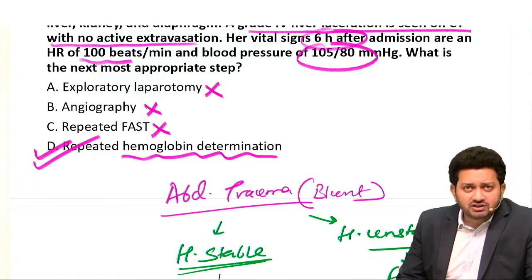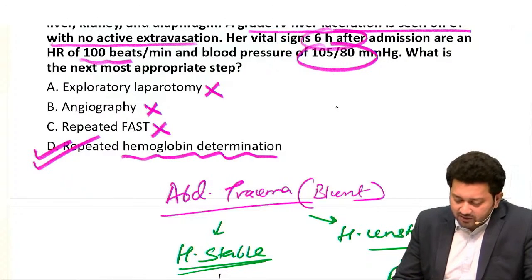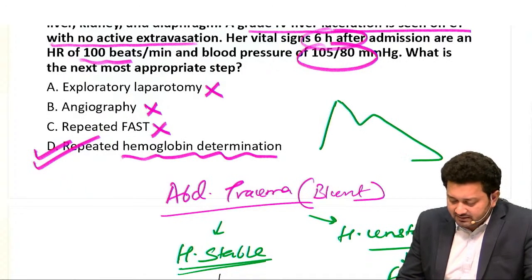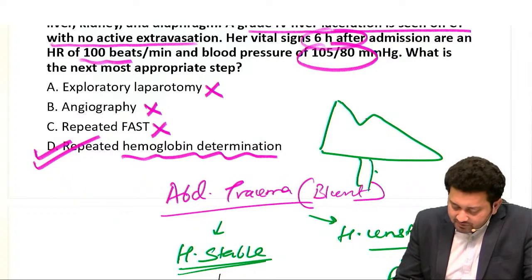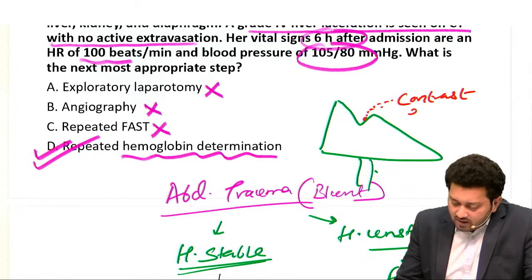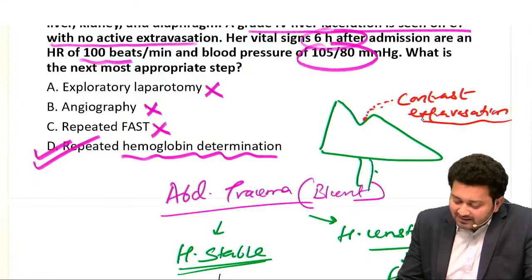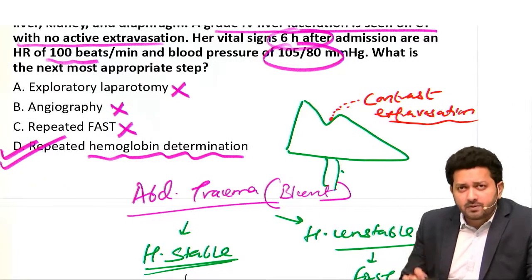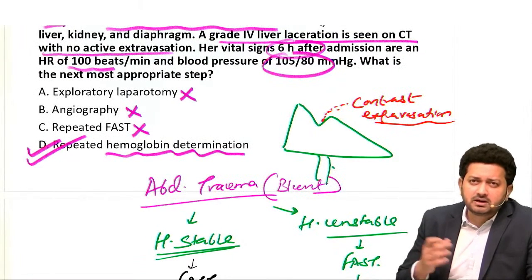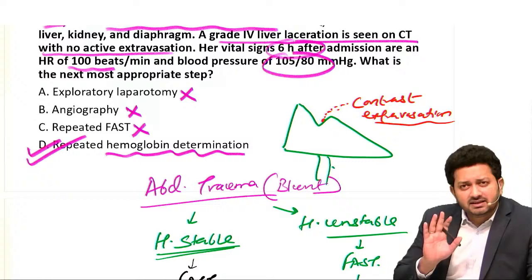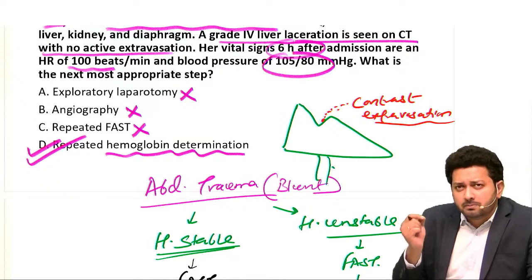Let me tell you the role of angiography. Suppose on this CT scan there is an injury having contrast extravasation. What is the meaning of contrast extravasation? This area is still bleeding, but the amount of bleeding is not significant enough to make the patient unstable. The patient is stable, but that area is bleeding a little bit.